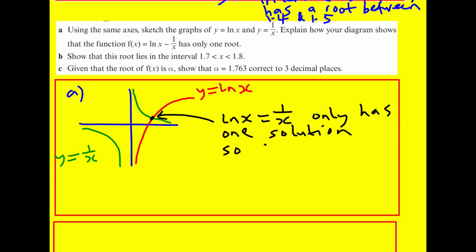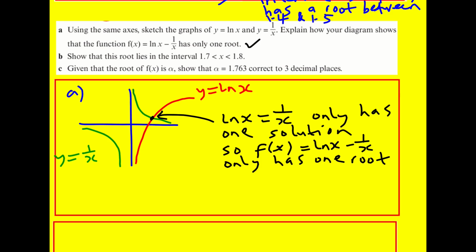So f of x equals ln x minus 1 over x, because that's essentially the same thing, because it's when this thing is equal to 0, only has one root. Done.